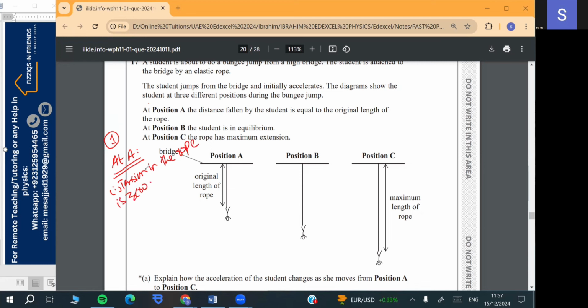And when tension in the rope is 0, then the only force is the weight of the jumper. So acceleration is only g equals 9.8 meters per second squared.